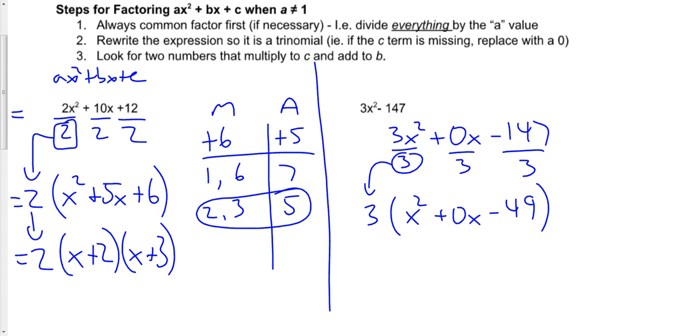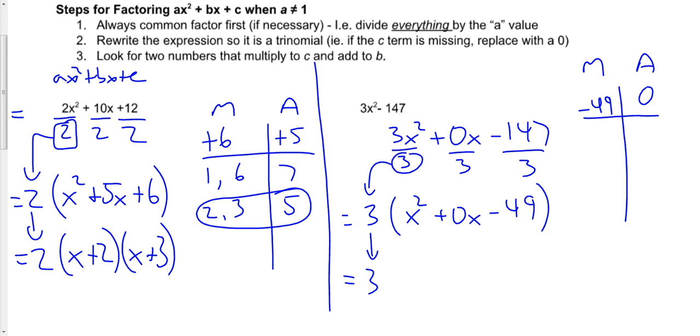Okay, so my next step, again, I've got to carry this 3 with me because I don't lose it. I need to do an MA chart for this trinomial piece right here. So in order to do that MA chart, I have to recognize that my 2 numbers, my 2 factors, are going to multiply to negative 49. They're going to add to 0.